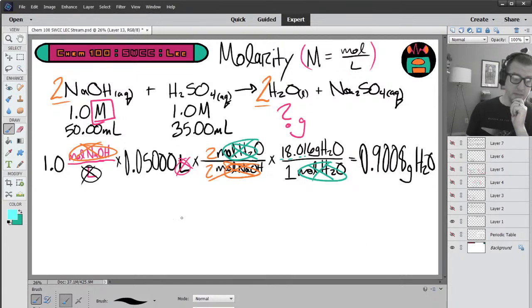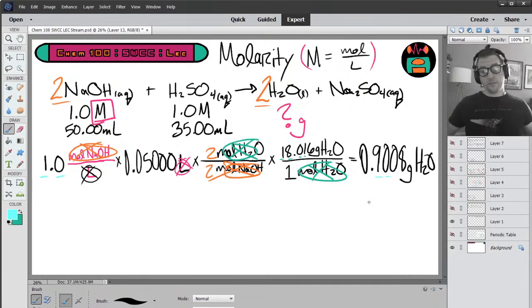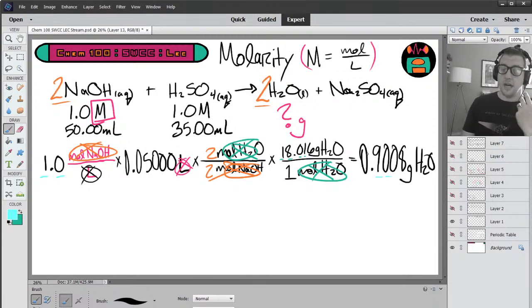Sig figs wise, I'd be limited to 2 because our starting molarity only has 2 sig figs, but I'm going to wait because I don't even know if this is my answer. I don't know if this is my answer because this is a limiting reactant problem, and I need to do the calculation with my starting quantity of sulfuric acid if I'm going to determine which one is limiting and therefore what my theoretical yield is.